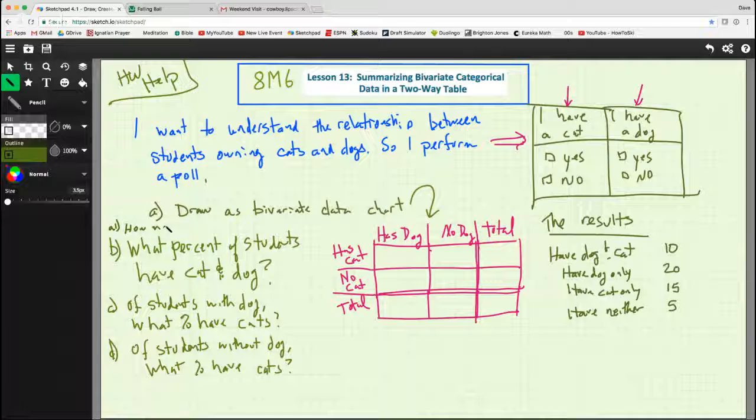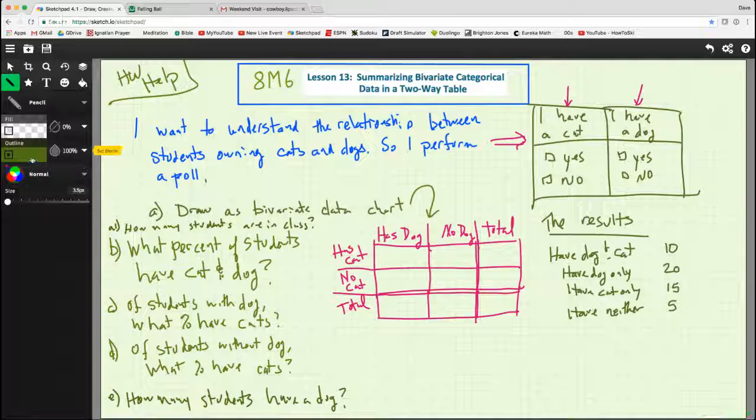How many students are in my class? And then what percent, and then E is how many students have a dog?